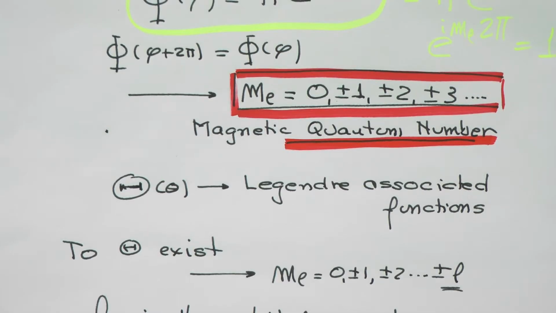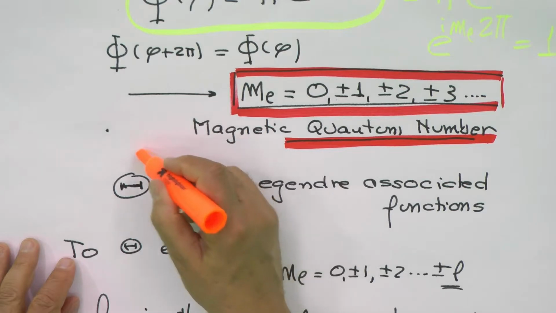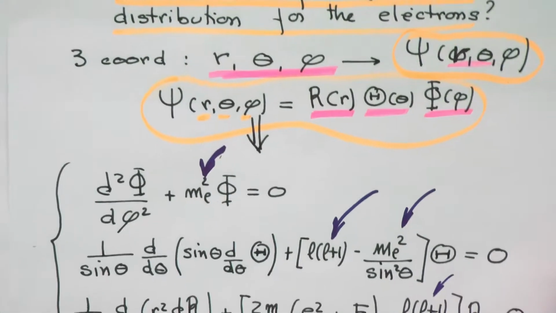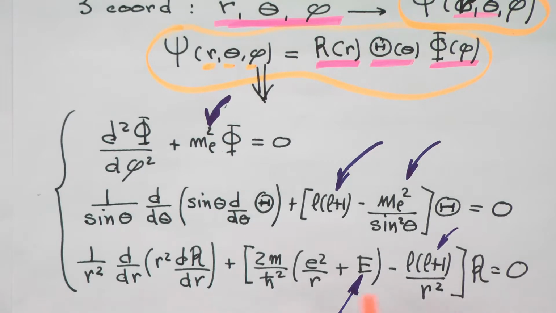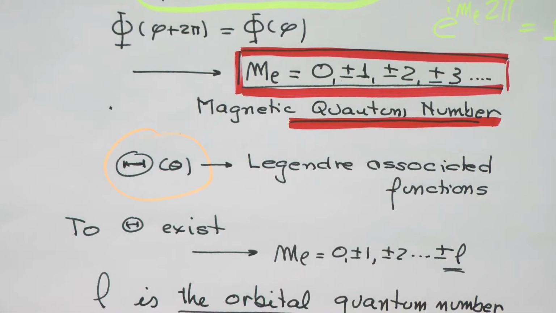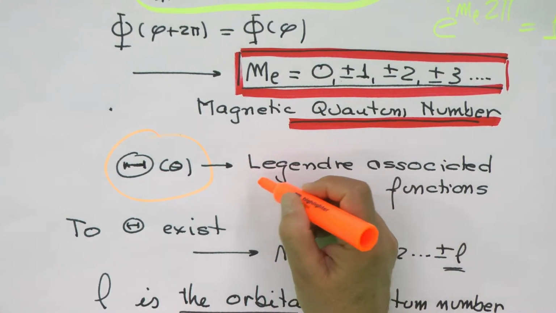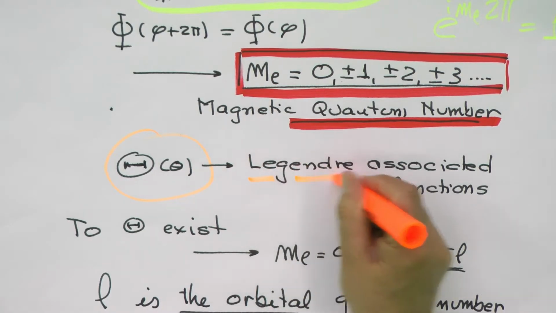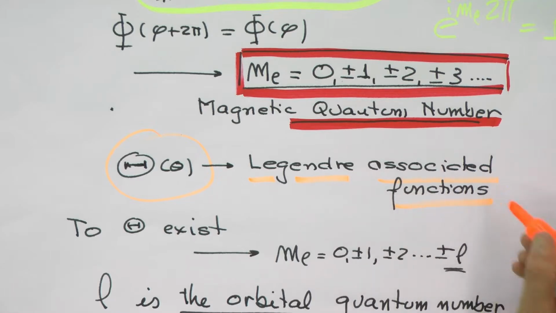Right. Now we go for the solution of theta. The solution for theta is an equation with many terms. But this equation is well studied in mathematics, and this is the solution for the so-called associated Legendre functions or polynomials.